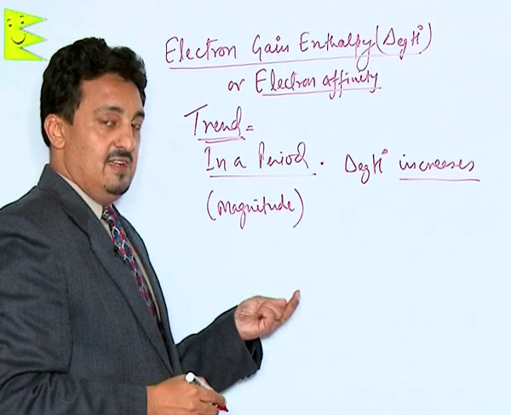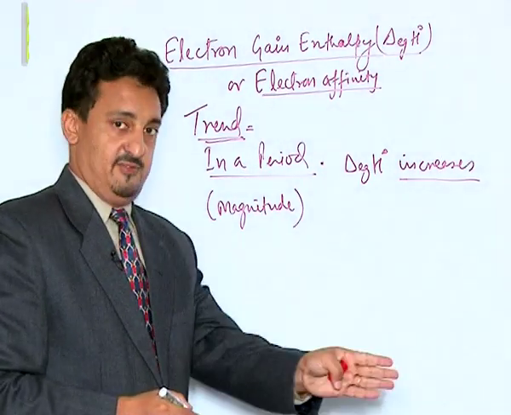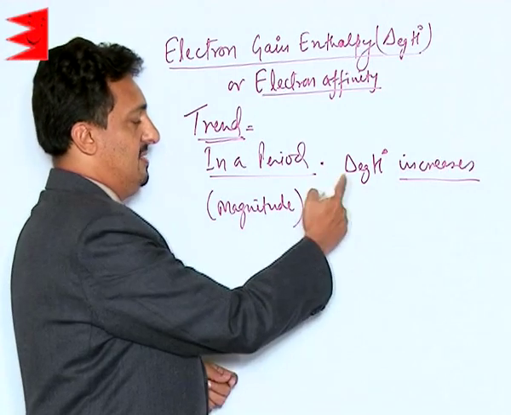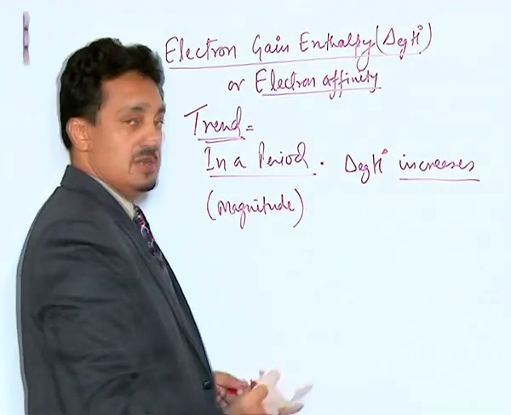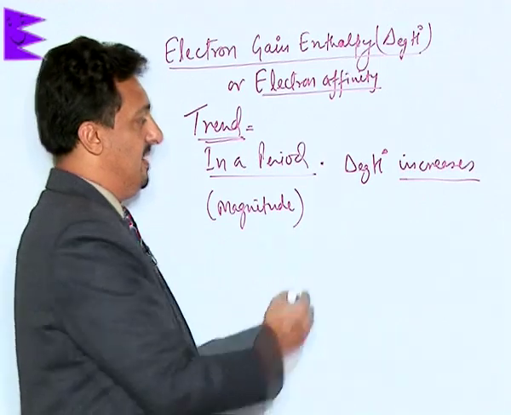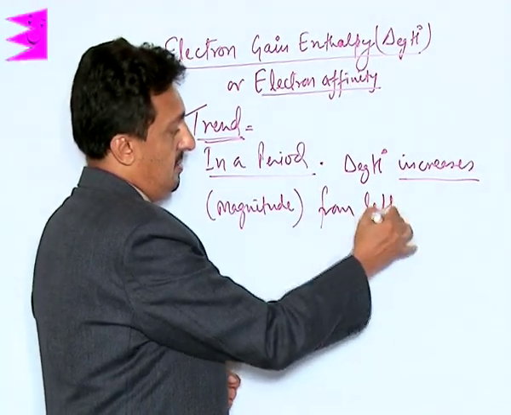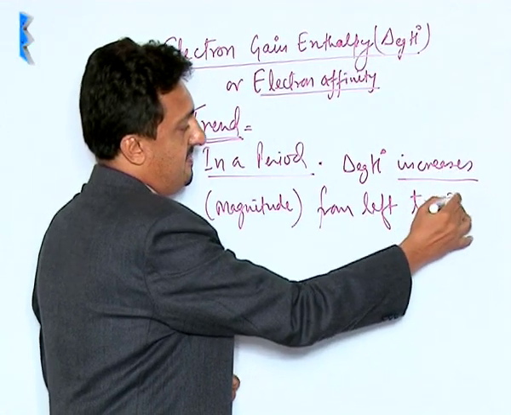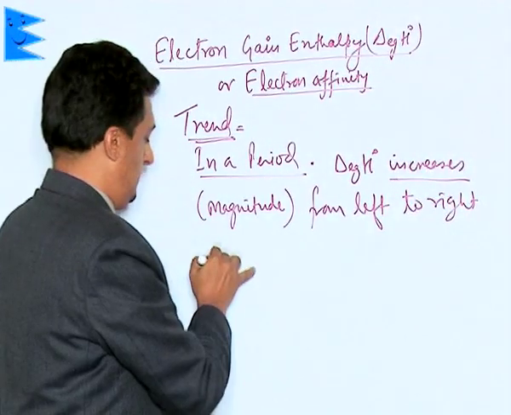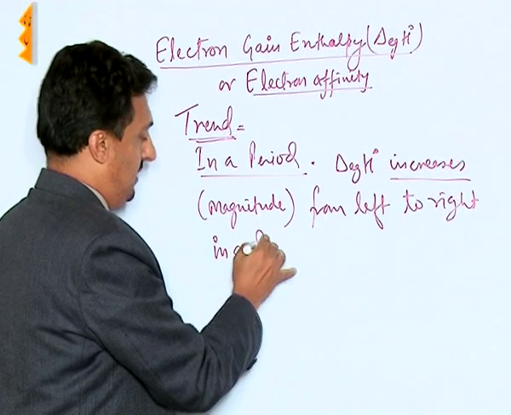If you want to consider it in terms of sign, it will become more and more negative. So the electron gain enthalpy, delta Eg H naught, increases from left to right in a period.